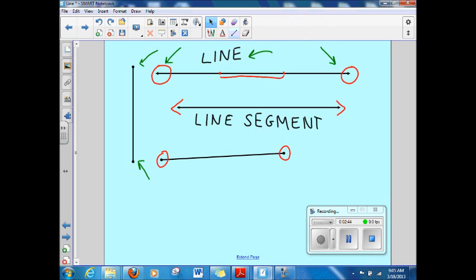I'll draw another line segment here. There's another line segment. Okay. Well, we've got a line segment, we've got a line, but now what would we have if we combined the arrow of one line, which goes on forever, and the dot of a line segment? Well, let's see, I'm going to change my line here so that I can do that.